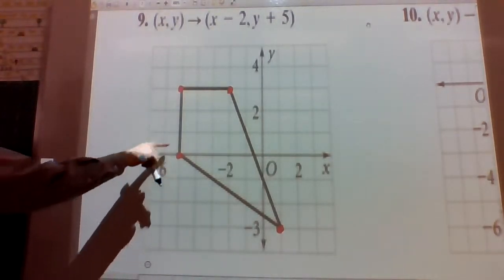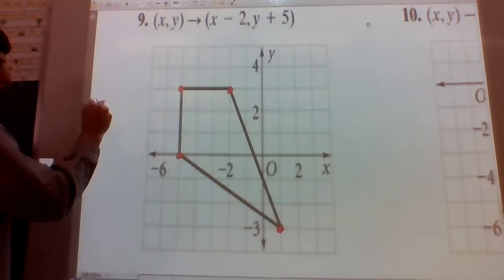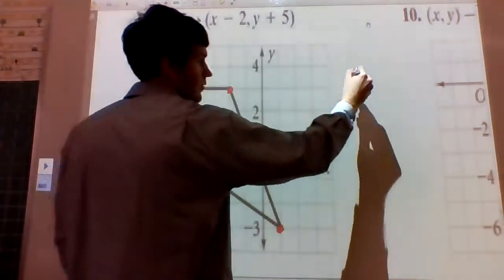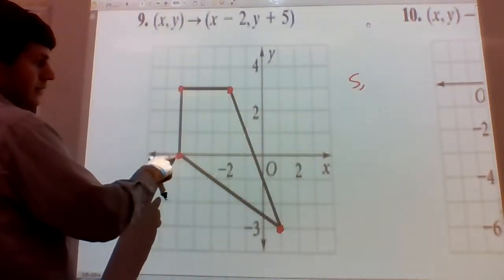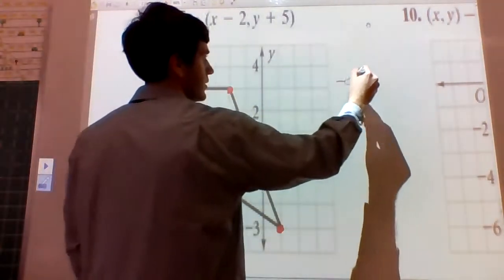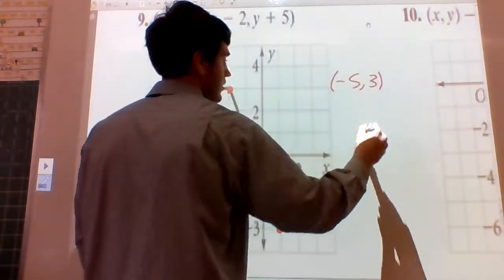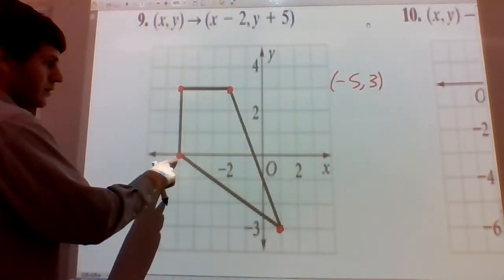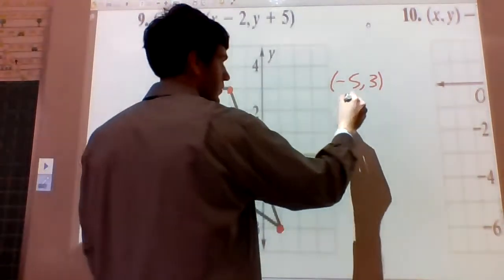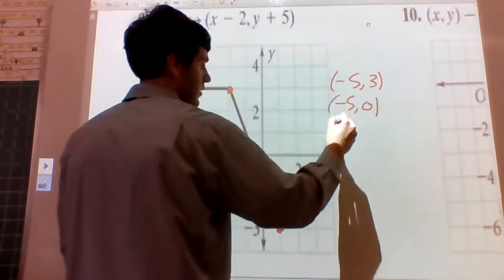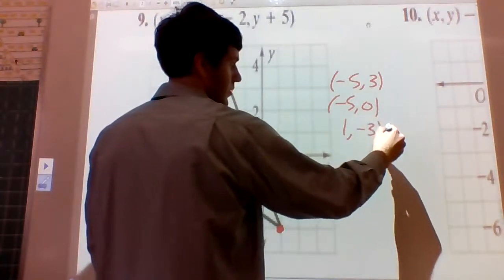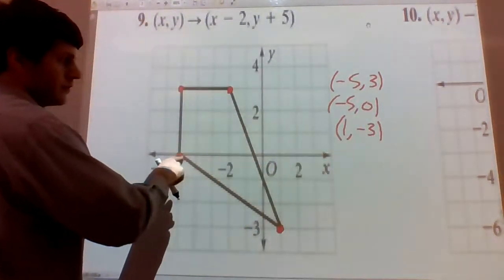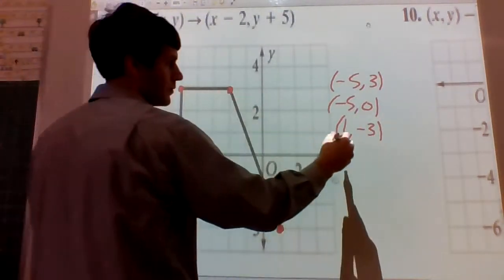First one is, let's use this one, 5, -5, +3. Here we have -5, 0. Okay, down here we have 1, -3. And then we have -2, 3.